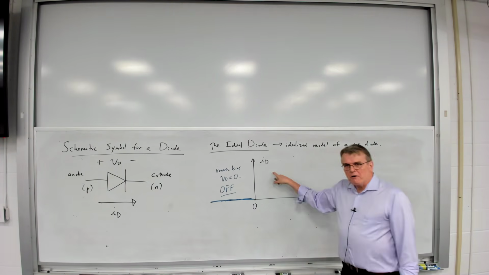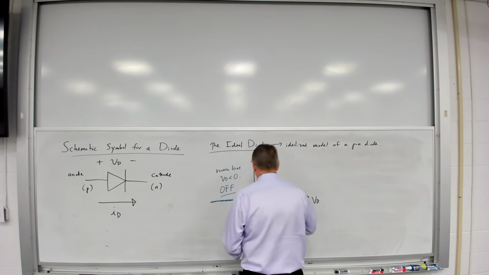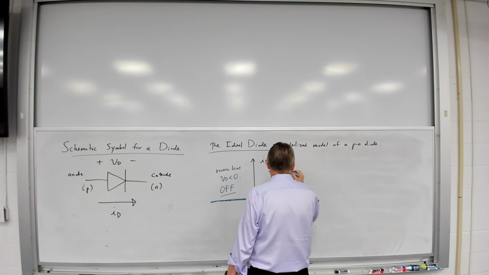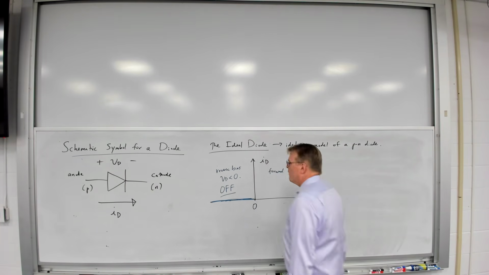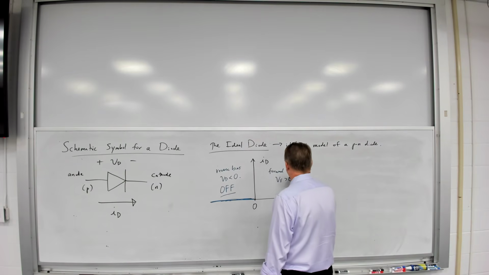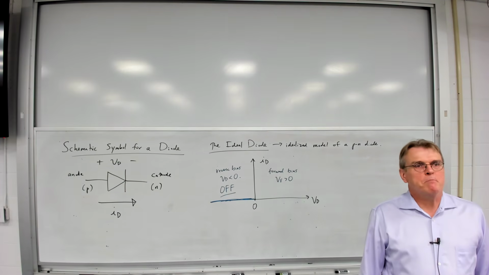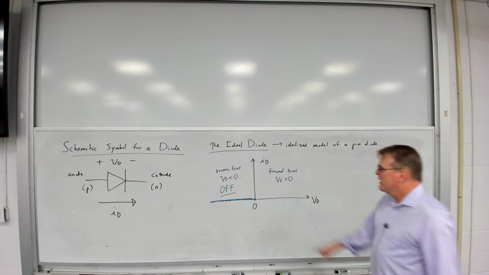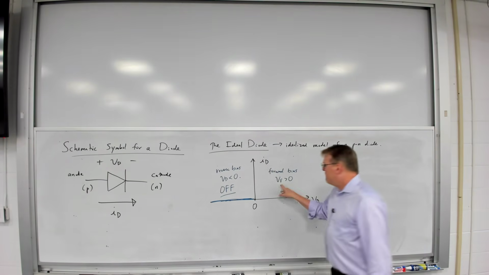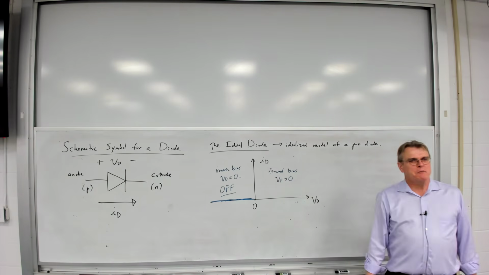Now over here, it's going to be a little different. Forward bias, I'm going to assume that the voltage is positive. But in this case, I'm going to assume for the ideal voltage that VD only has to be epsilon above 0.